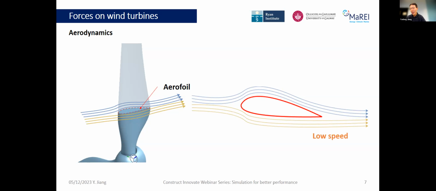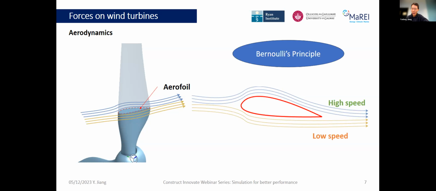The flow speed on the lower side will be lower than the flow speed on the upper side. According to the famous Bernoulli's principle, lower fluid speed causes high pressure, and high speed causes low pressure. These differences between the upper and lower side will generate lift force and drag force on the airfoil.